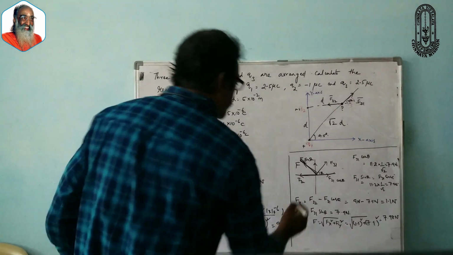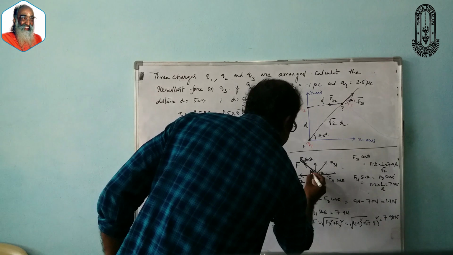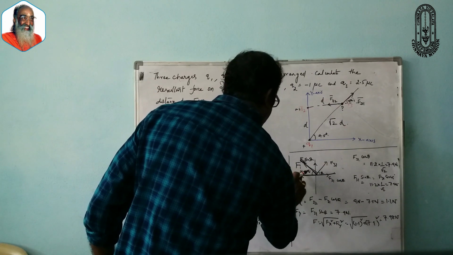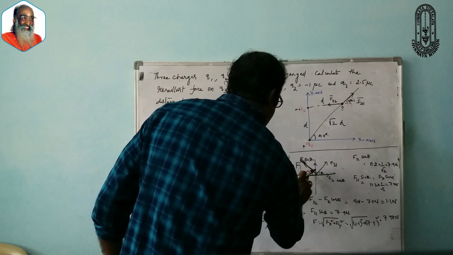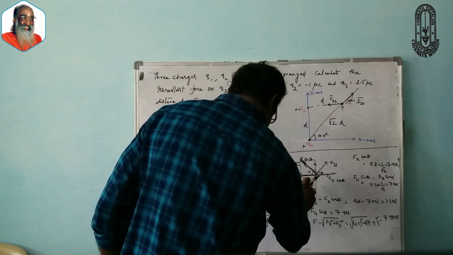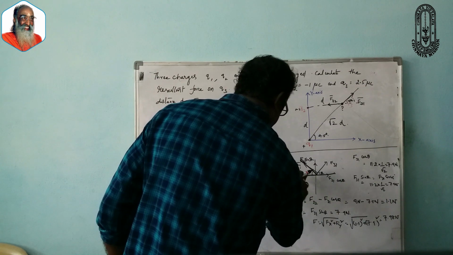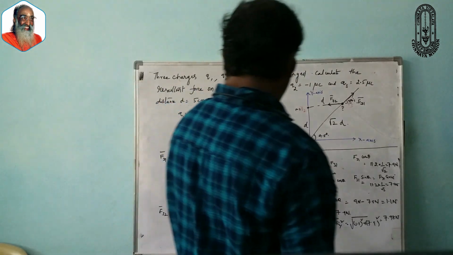And if you want to find the angle, very simple here. With how much angle it is making, let's make it as alpha. And we just see here, what is tan alpha? Opposite side by adjacent side. So it is Fy by Fx.